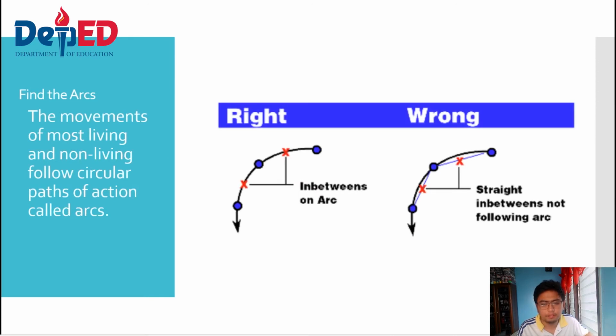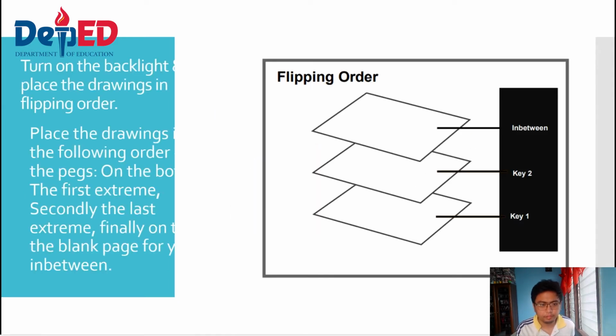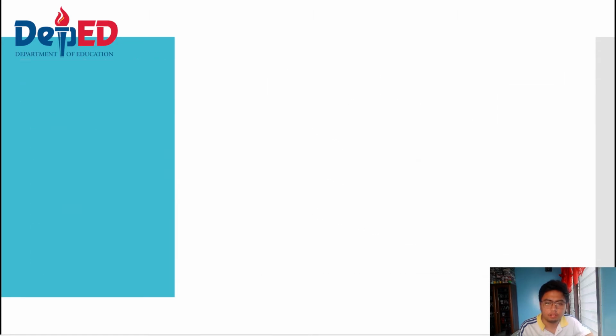Then we have your arcs. Don't forget, it is more natural, even though they are non-living objects, to form an arc. So always form an arc in your motion. Then flip order. Again, keyframe 1, keyframe 2, then your in-between na ginagawa to make sure na tama yung adjustments nyo.